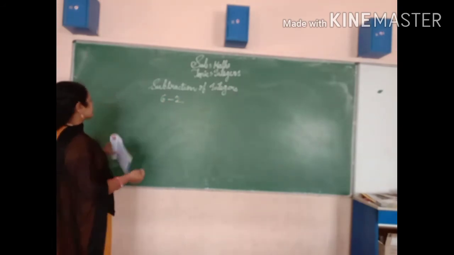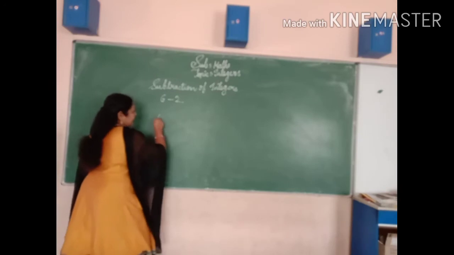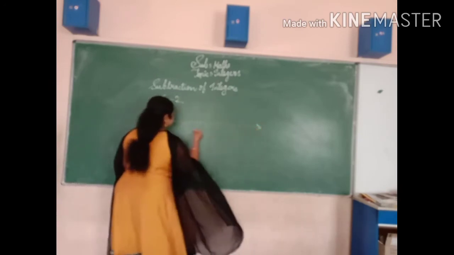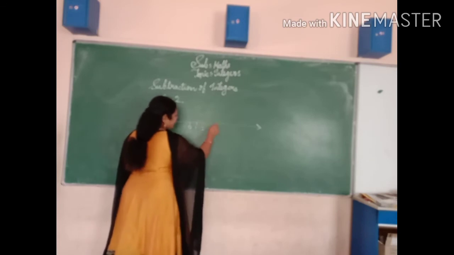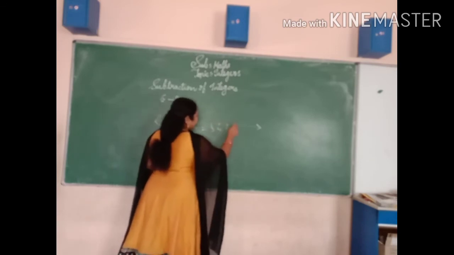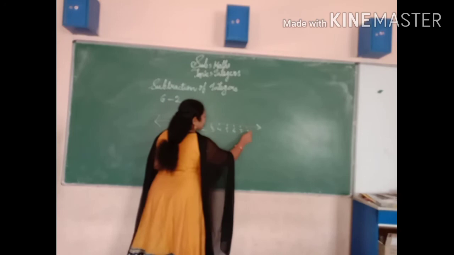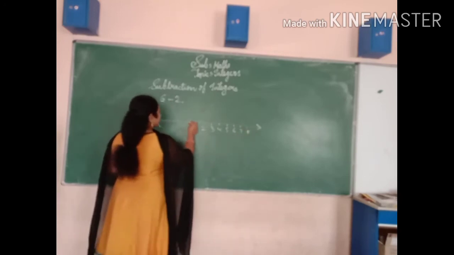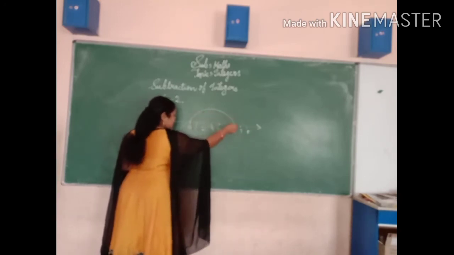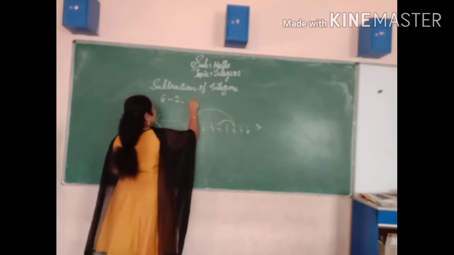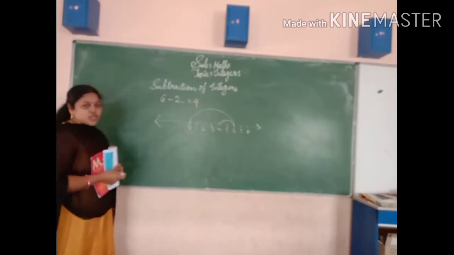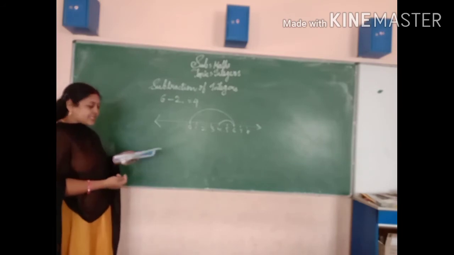So usually 6 minus 2 on a number line, 0, 1, 2, 3, 5, 6, 7, 8. It used to be 6 minus 2, 4. This is the subtraction we previously had seen.